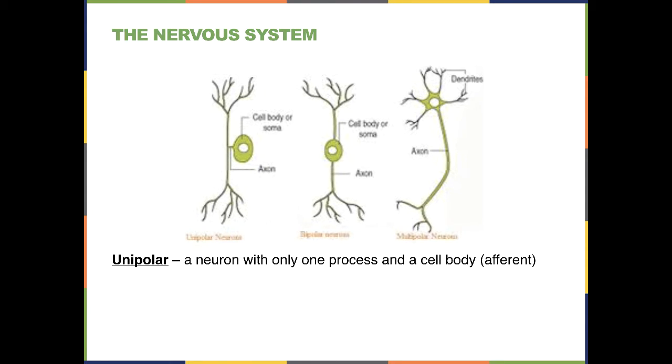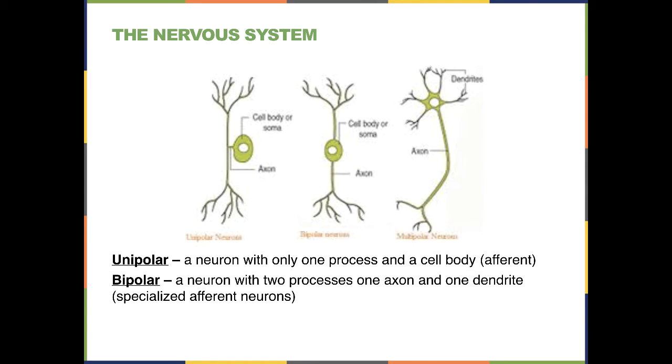In the middle, we have what's called a bipolar neuron, and it has two processes. And one of those processes is an axon, and one of those processes is a dendrite. The impulses lead out of the cell from the axon and into the cell from the dendrite. These are also afferent neurons.